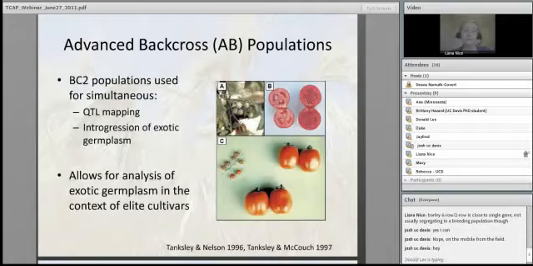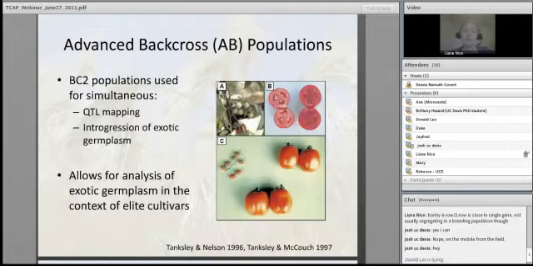So advanced backcross populations, just quick background, are generally BC2 populations that are used for simultaneous QTL mapping and integration of exotic germplasm. And they allow for analysis of exotic germplasm in the context of elite cultivars.